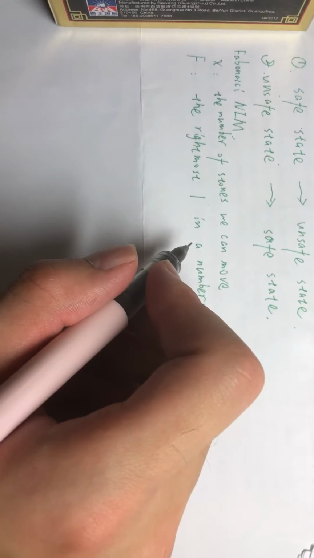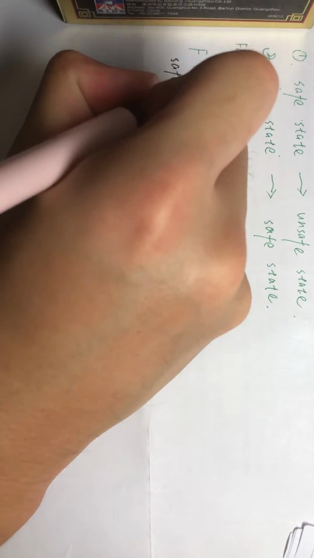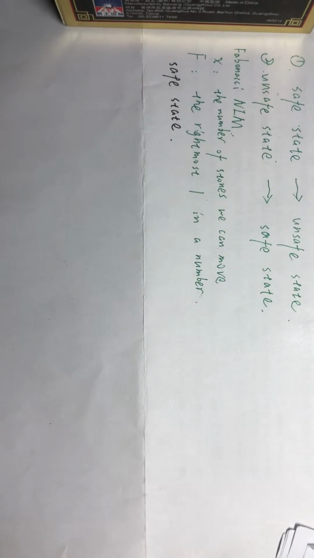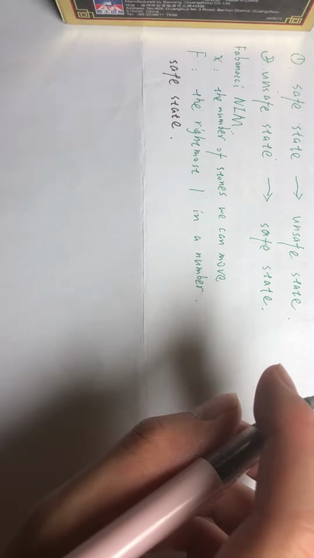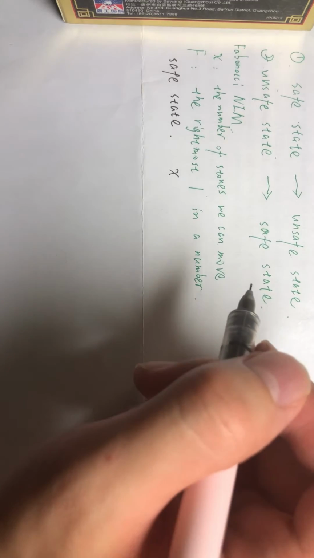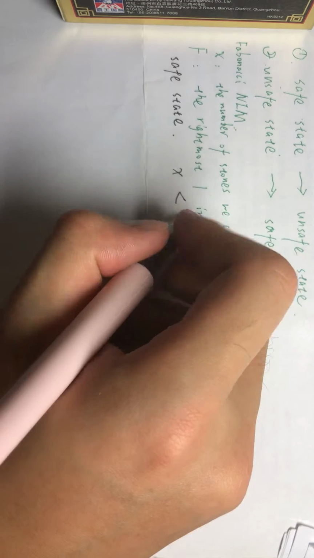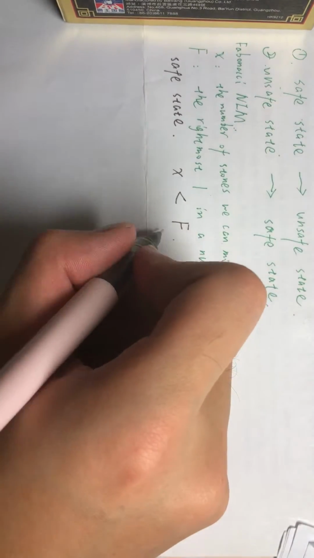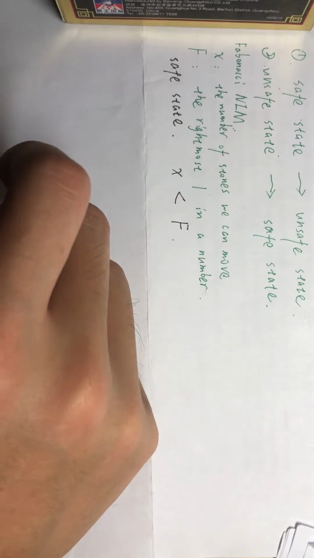Our definition of a safe state is that x, the number of stones we can move, is always smaller than F, the rightmost one in the number.